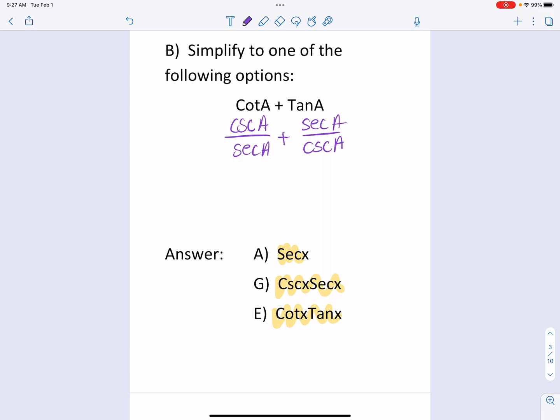All right, so my common denominator would be the cosecant A secant A and the cosecant A secant A. So I'm going to use my green again.